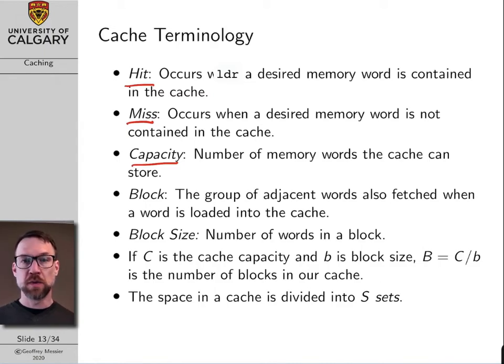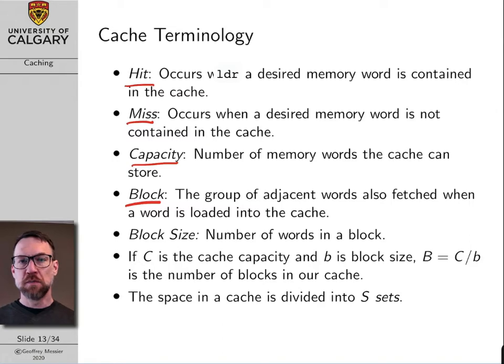In these lectures, we'll be looking at 32-bit words. So the capacity is a certain number of 32-bit words. The term block refers to the number of adjacent words that are fetched when a single word is loaded into cache. And this is how caches take advantage of spatial locality.